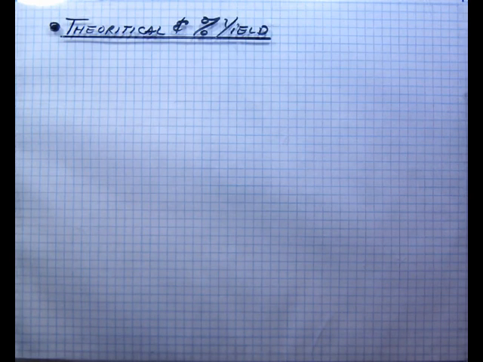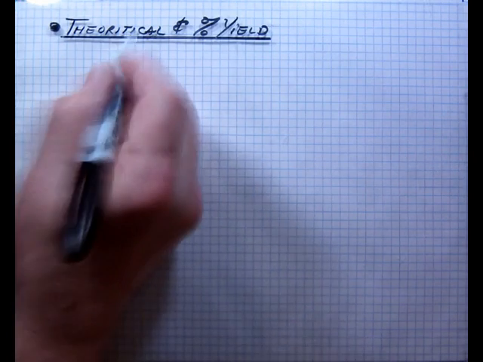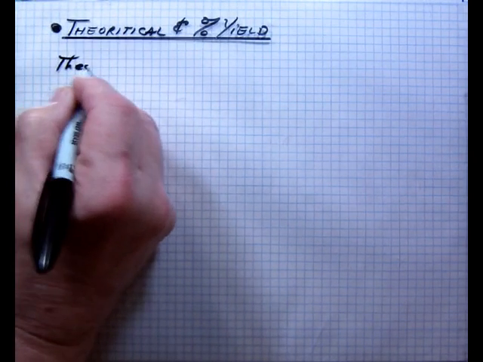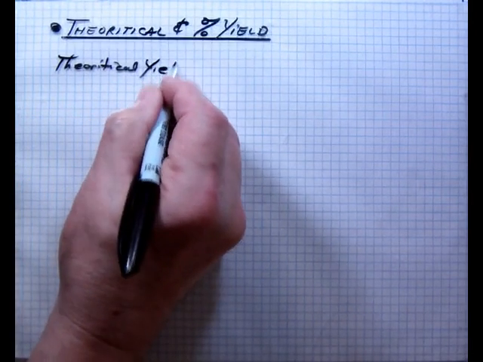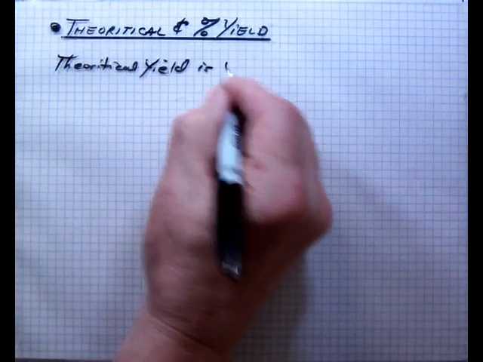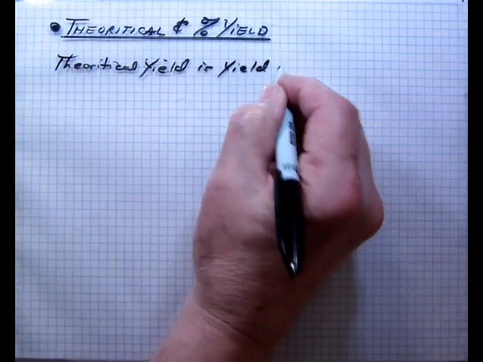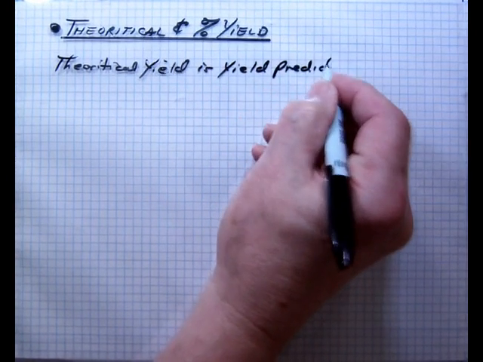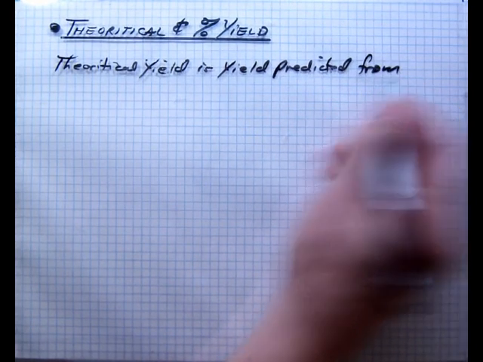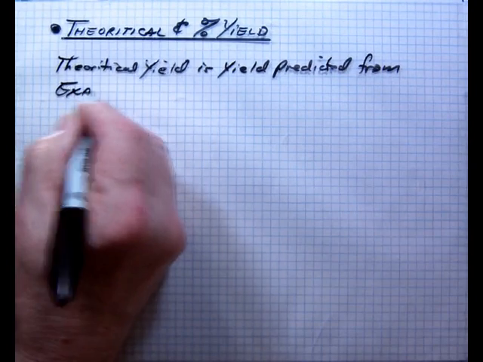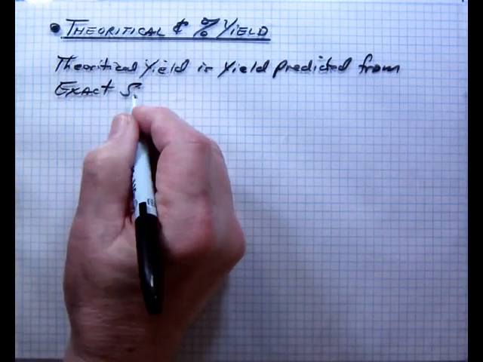Theoretical and percent yield. The theoretical yield is the yield predicted from exact stoichiometric values.